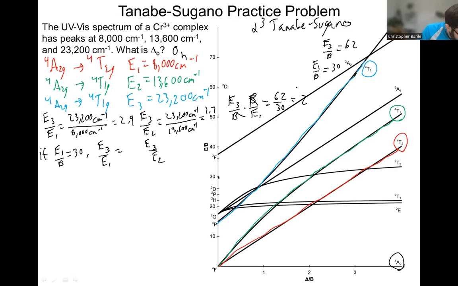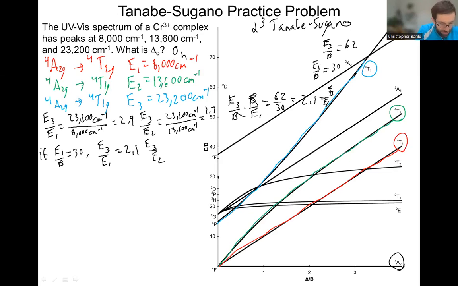Let me plug it in here. 62 over 30, 2.1. Okay. So that gets you E3 over E1, which is what we just solved for. So you can see how the B's cancel.